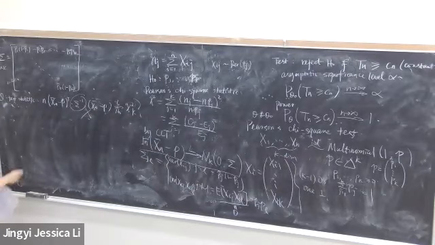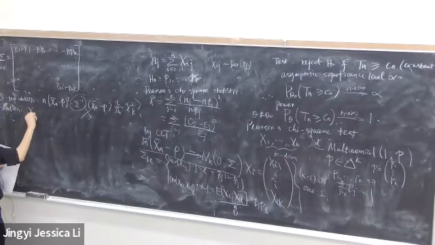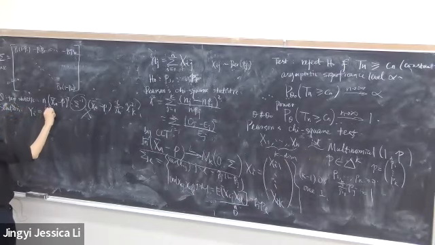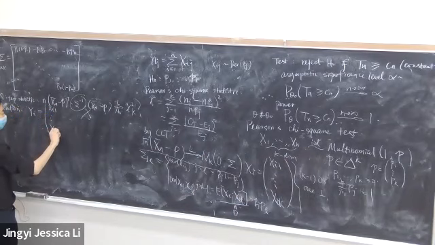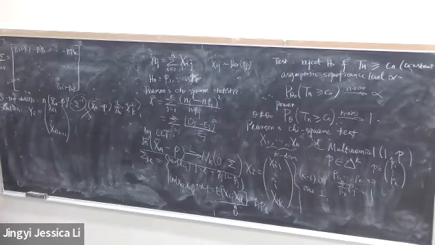With this, we define yi. For yi, we just take the first k minus 1 dimensions of xi. That's my yi, my new observation.